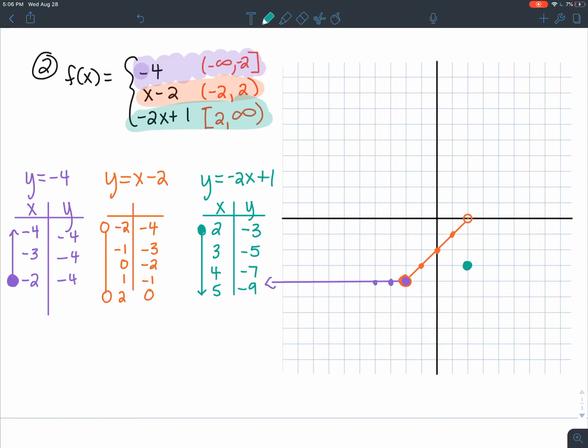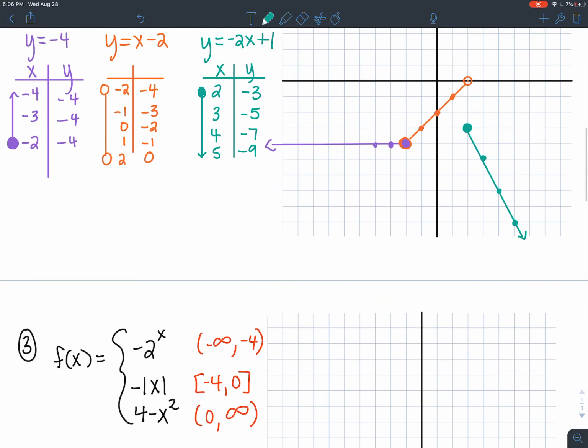And then I have 3 is at negative 5. And then the next one's at negative 7. And then the next one's at negative 9. Whoops. All right. And there we go. There's your piecewise function.